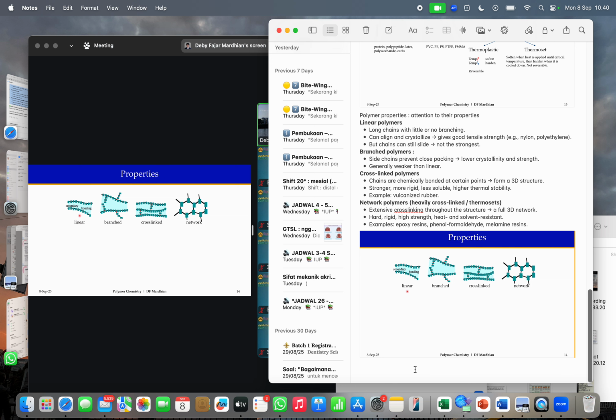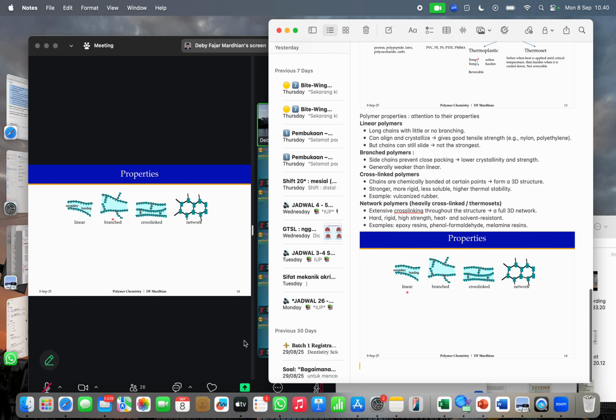Why is linear polymer stronger than the branch polymer? Because they're linear, they can be in very close proximity and create secondary bonding, either van der Waals bond or hydrogen bonds.